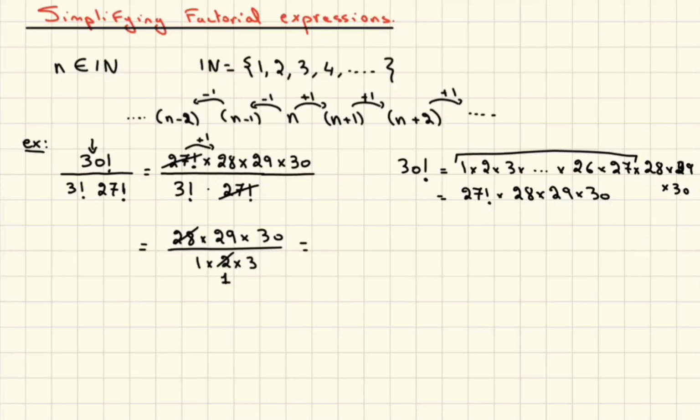Here we get 1 when you divide 2 by 2, and 28 divided by 2 you get 14. Can we simplify more? Yes, I see 3 and 30. So 3 divided by 3 we get 1. 30 divided by 3 we get 10. Now we're left on top with 14 multiplied by 29 multiplied by 10, and in the denominator we have 1, so anything over 1 stays the same.